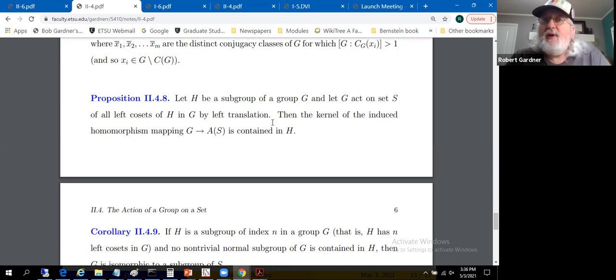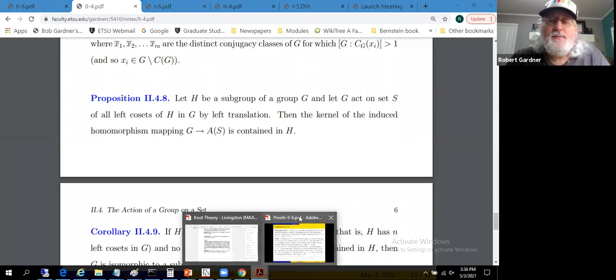Somewhat exotic, but we've done lots of that. The claim is that the kernel of the induced homomorphism mapping G into A(S), the group of all permutations on this set S, is contained in H, the subgroup. For us, the subgroup is P.